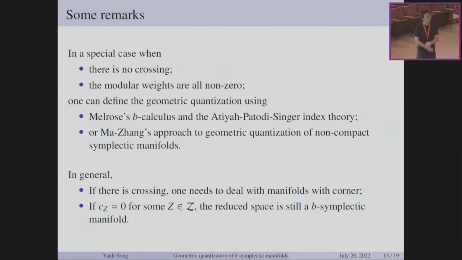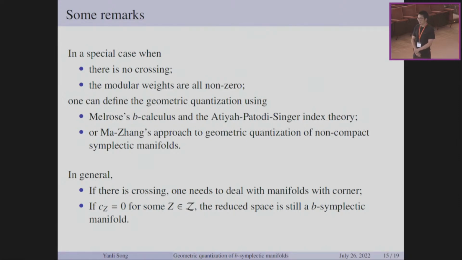In general, if there's a crossing, then these two approaches do not work very well. If you work very hard, you can probably make them work, but at least we have some difficulties, since you have to deal with manifolds with corners, not just with boundary. Also, if for some hypersurface the modular weight is 0, then the reduced space is still a b-symplectic manifold, because in that case the mu inverse of 0 will intersect the hypersurface.